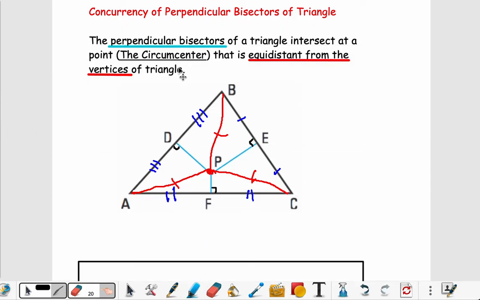So the perpendicular bisectors of a triangle always intersect at one point, in this case point P. We call that point the circumcenter. And that circumcenter is equidistant, or equal distance, from the three vertices of the triangle. So the distance from P to B, P to A, and P to C is all the exact same.